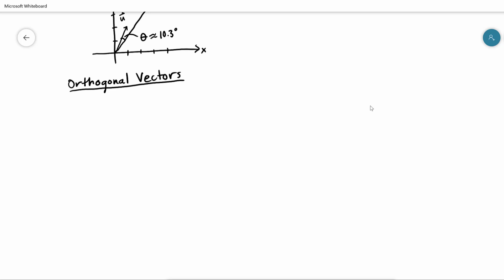So for us in 2D, orthogonal means the same thing as perpendicular. It generalizes. The word orthogonal also makes sense in 3D, 4D, 5D, things that we can't actually visualize and imagine anymore. Orthogonal is a generalization of the idea of what it means to be perpendicular. So for us, orthogonal in 2D just means perpendicular.